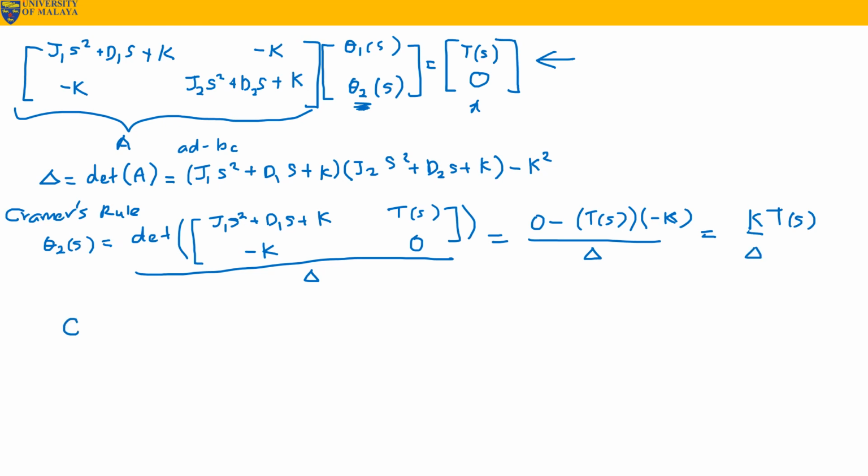And finally, our final solution, G of S, which is theta 2 of S over T of S, is just K over delta. So that is the solution for this particular example.